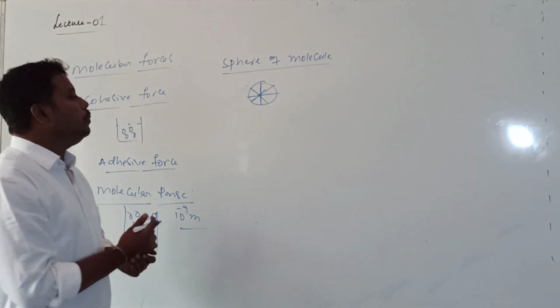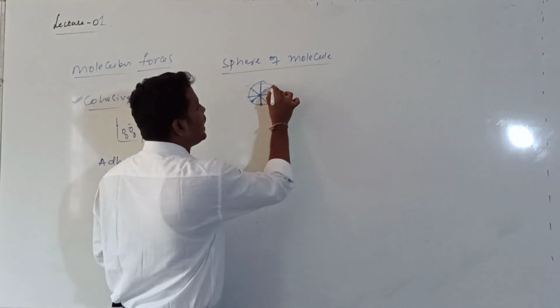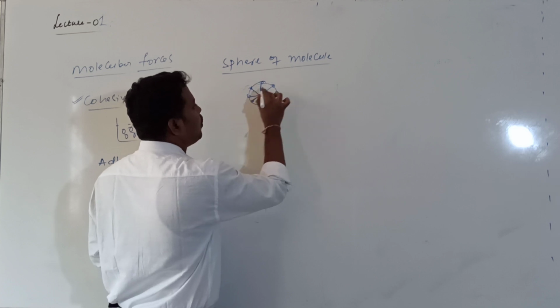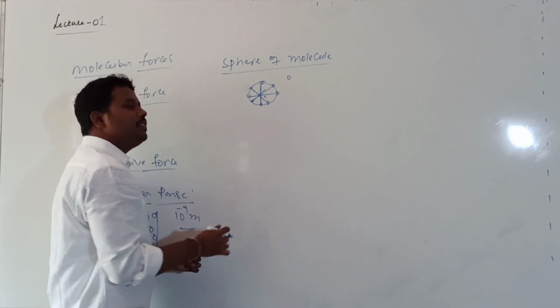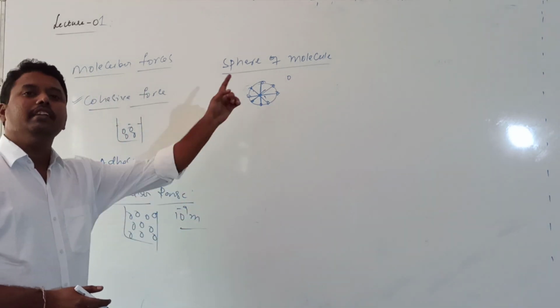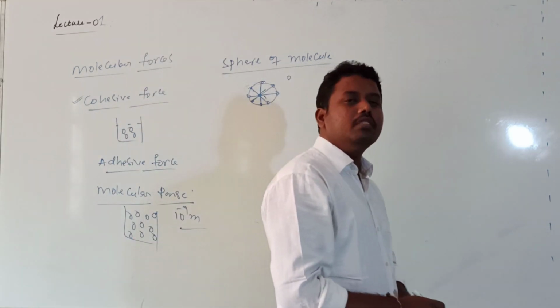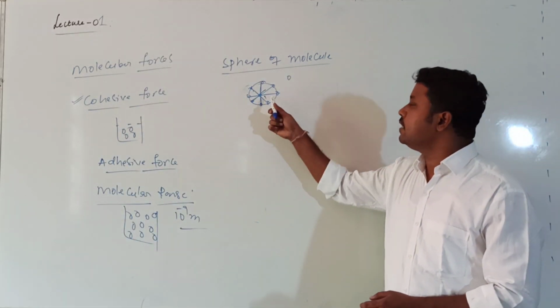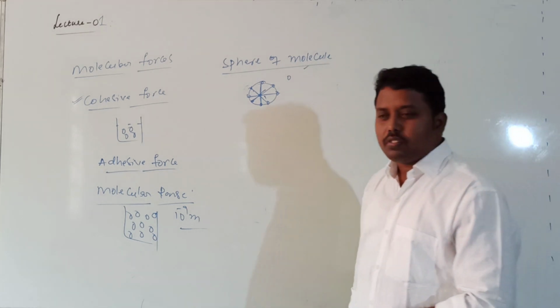One molecule can interact only with those molecules which are inside this sphere. If any molecule is outside the sphere, the molecule which you consider as the center cannot interact with it. To interact, the molecule must compulsorily be inside the sphere. That sphere is called the sphere of molecules.